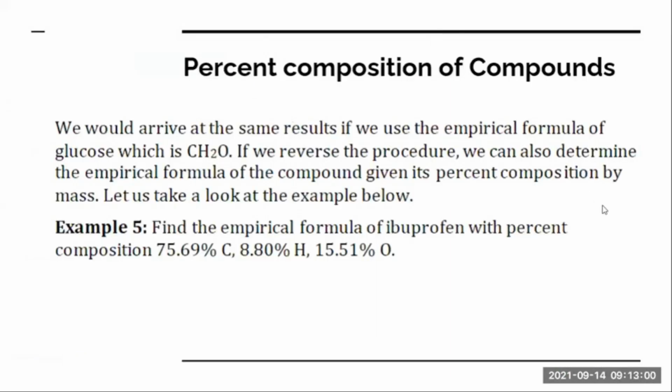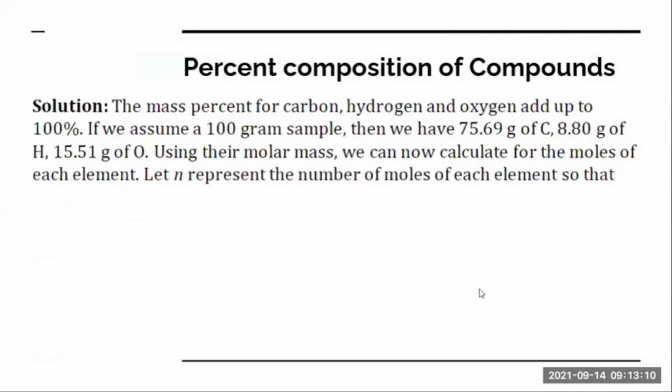Find the empirical formula of ibuprofen with percent composition: 75.69% carbon, 8.8% hydrogen, and 15.51% oxygen. Okay. So for the solution, the safest way is to assume a 100-gram sample since the mass is not given.